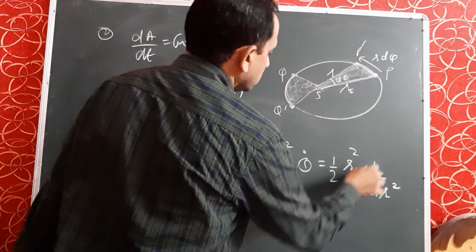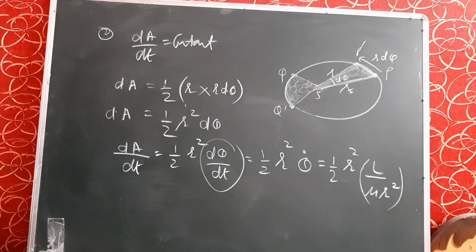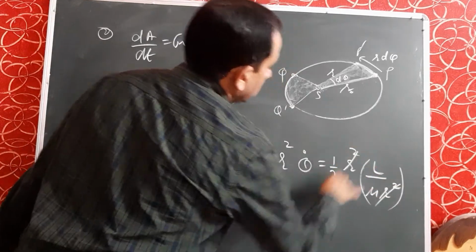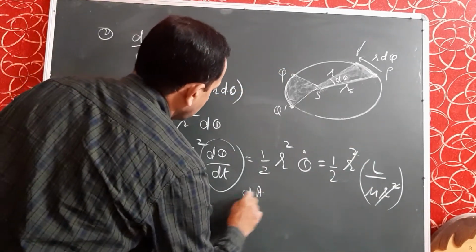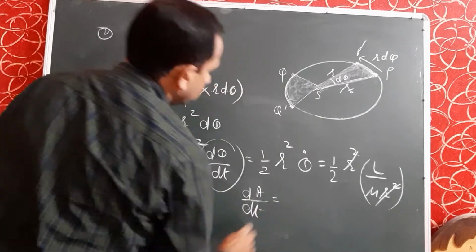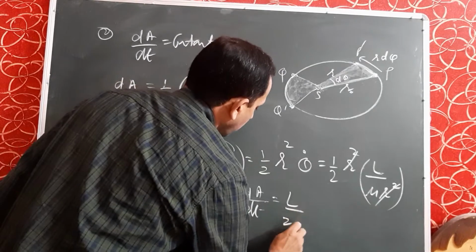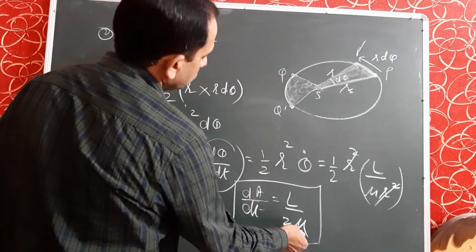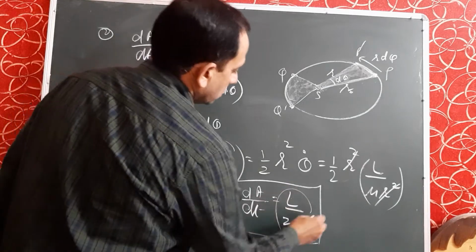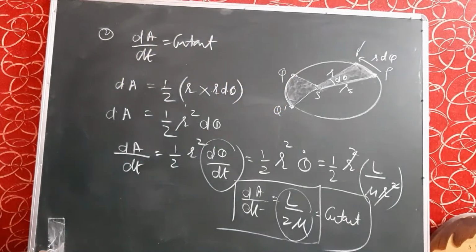Sorry, this is the value of theta dot, which we have already studied. So R square cancels with R square, and the remaining term is dA upon dt, which becomes L upon 2 mu. L is constant, 2 is constant, and mu is also constant. So all these terms are constant, and hence you finally get a constant answer.